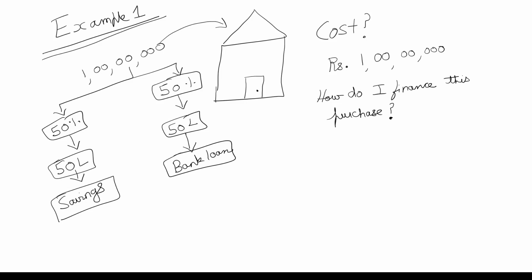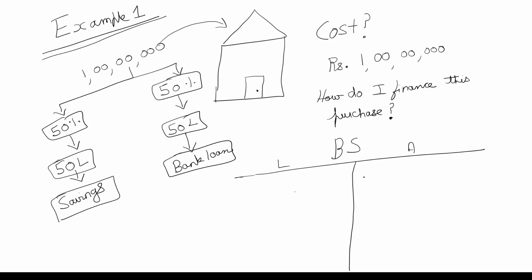And as soon as I buy the house, I'm going to be drawing up a balance sheet for myself to capture the house investment. So this is the liability side, this is the asset side.